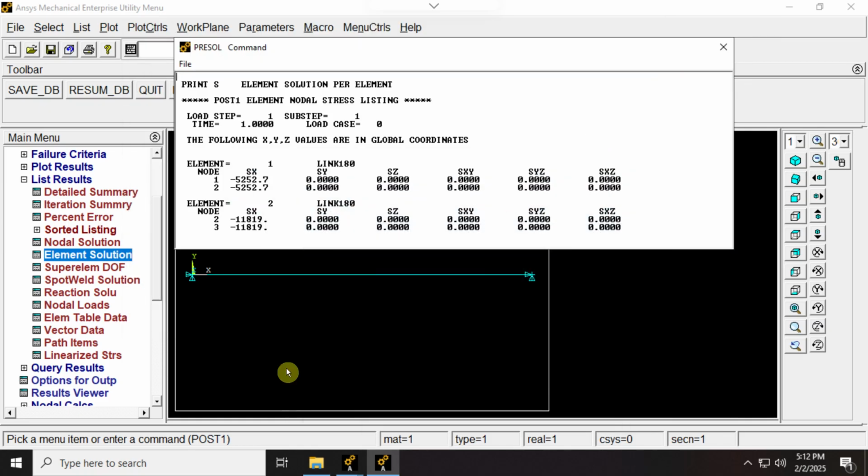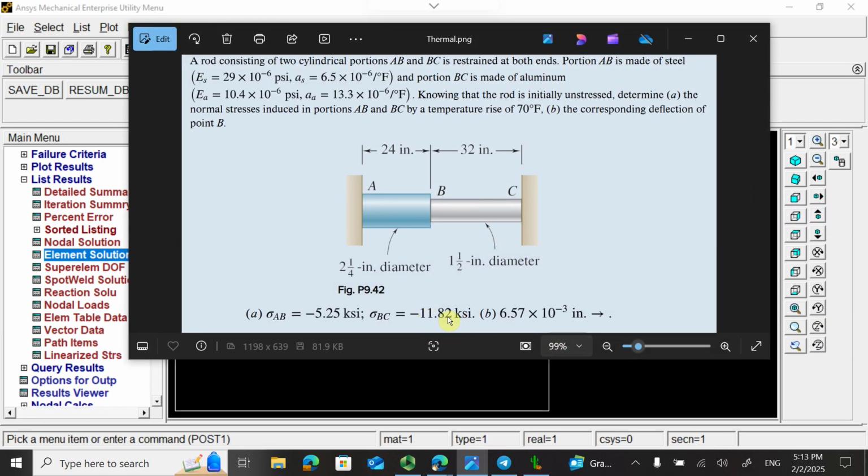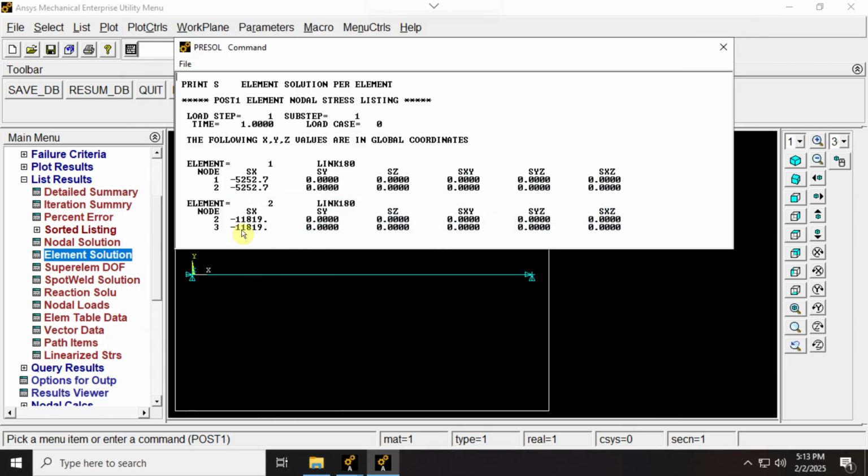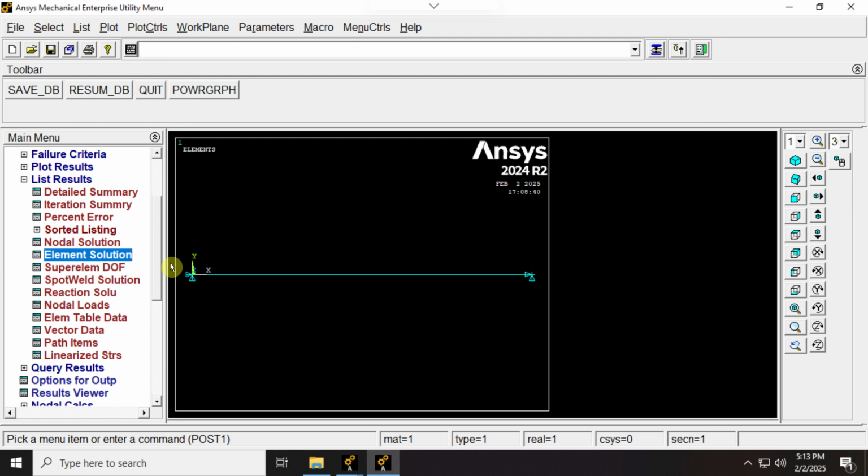Then on the right side, the right element at node 2 and node 3, we have stresses again in the x direction, almost double, negative 11,819, which is right. Both of them negative. The other stress components are 0, which makes sense. So this is how we can do that.